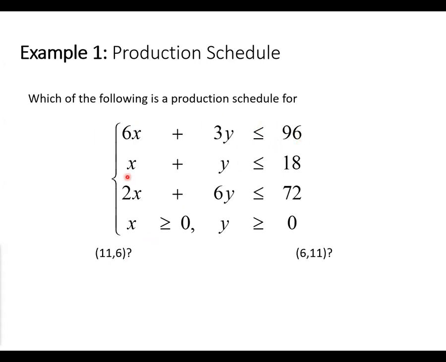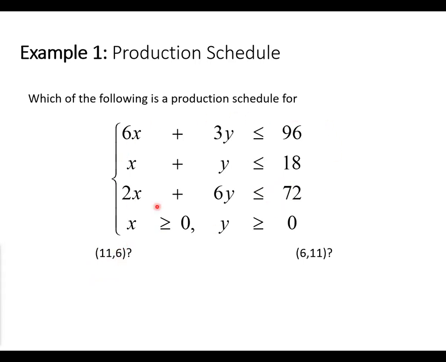So we have enough time to make 11 and 6. Now, 11 plus 6 is 17, which is still less than or equal to 18, so it satisfies this constraint. Then 11 times 2 is 22, and 6 times 6 is 36, which gives us 58, still below the threshold of 72.